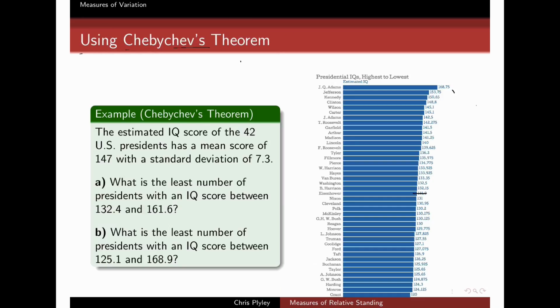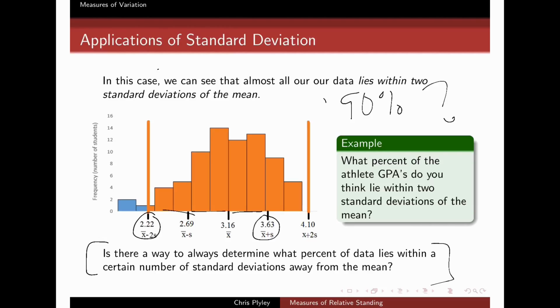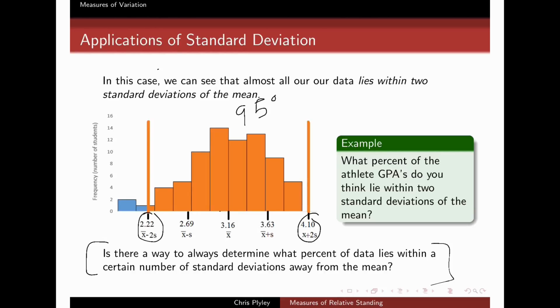In our example, we should have about 95% of our data if this was indeed a perfect bell curve, which it's not, but if it's approximately bell-shaped, we can still use this as an approximation. So I can assume that this range here constitutes about 95% of my data, which actually looks to be a pretty fair estimate in this case.